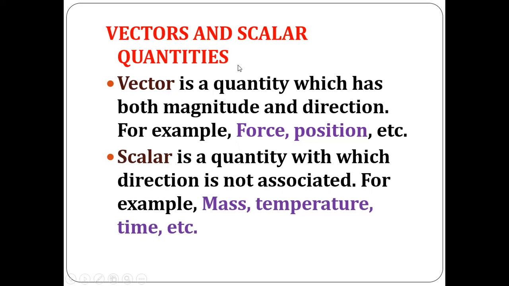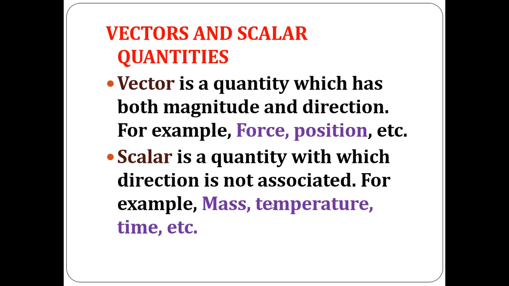Now, scalar quantity. So scalar is a quantity with which direction is not associated. Okay, it will describe only magnitude, which has only magnitude. It doesn't have what? Direction. Okay, for example, mass. So mass of the object, mass means, you know, weight.